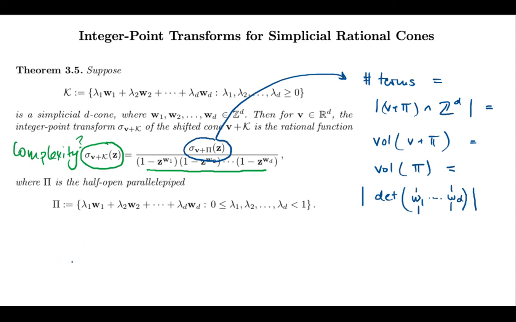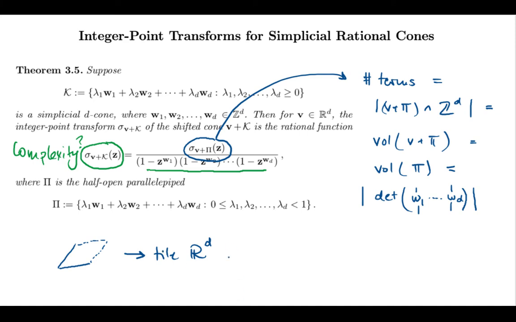Why is this true? Well, again, let me give you just a schematic sort of idea. If I think of one of those half-open parallelepipeds, I can now tile the whole space with translates of this parallelepiped. And in fact, I can do that in a non-overlapping fashion because the parallelepipeds are half open.